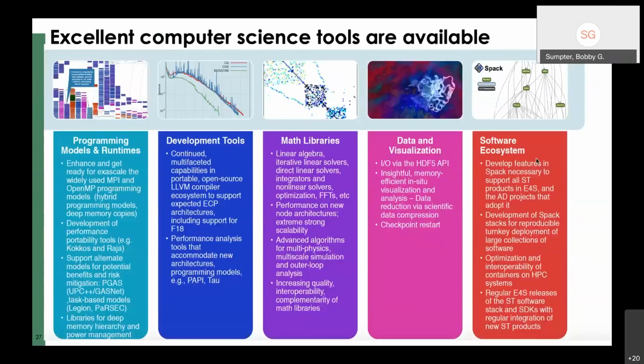Good news is that all these computing capabilities come with some caveats and complexities, and trying to sort through everything oneself requires too much time. So there's been a huge effort. DOE has put a large amount of funding forward to develop real tools that allow people to develop new capabilities and get the codes running quickly, ranging from programming models to new development tools, extremely efficient math libraries, and that's very important for simulations, excellent data visualization, and a whole ecosystem for the software.